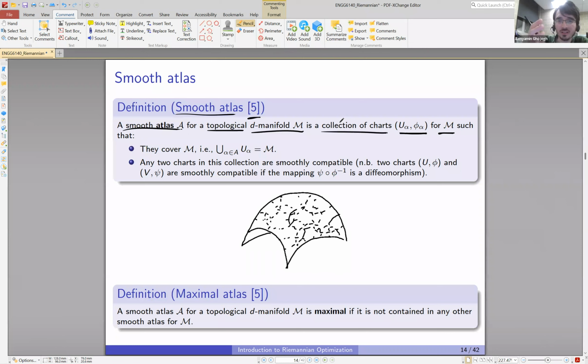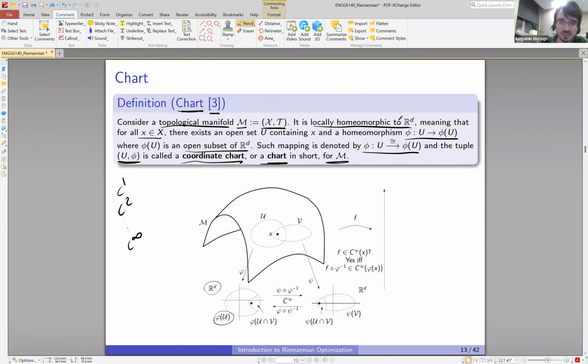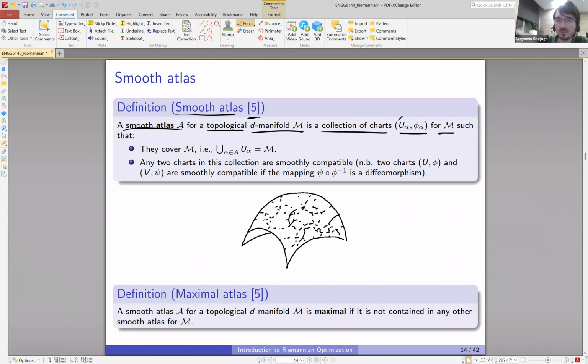Now consider a collection of charts U alpha, which means U1, phi 1, U2, phi 2, and so on. Here, for example, I denoted phi 2 by psi. The naming doesn't matter. So U1, phi 1, U2, phi 2, U3, phi 3.